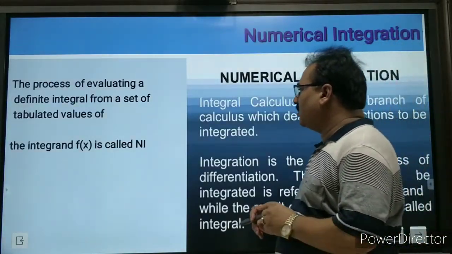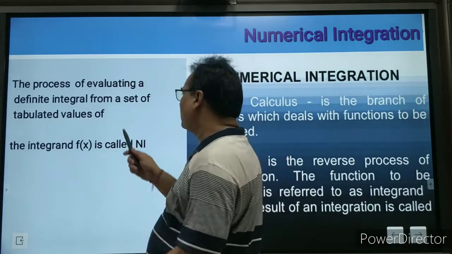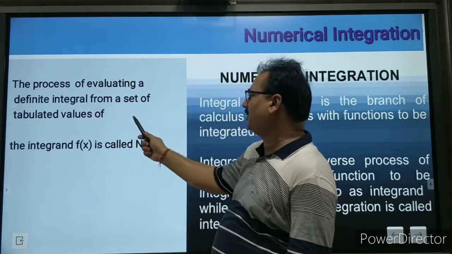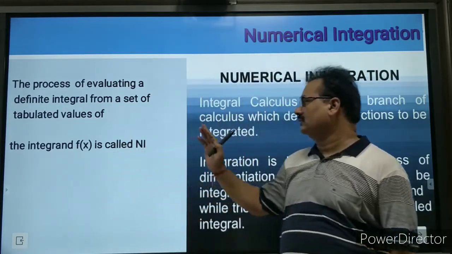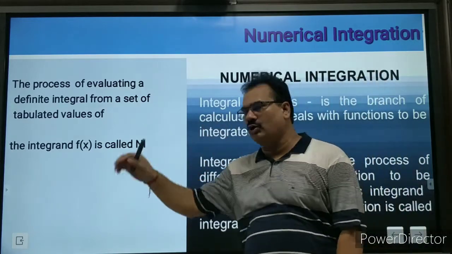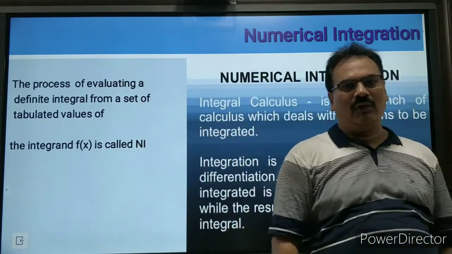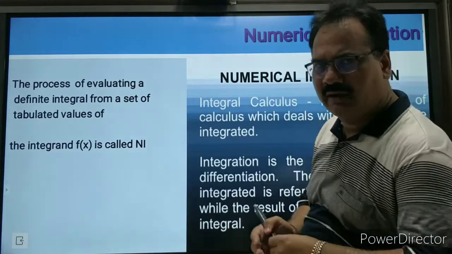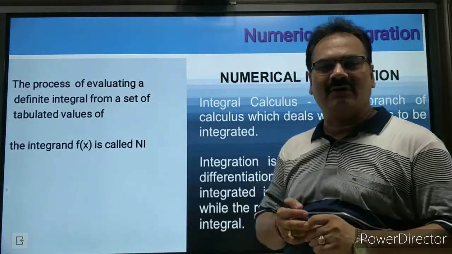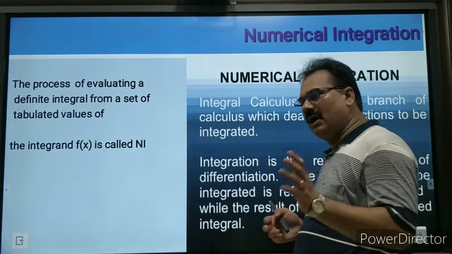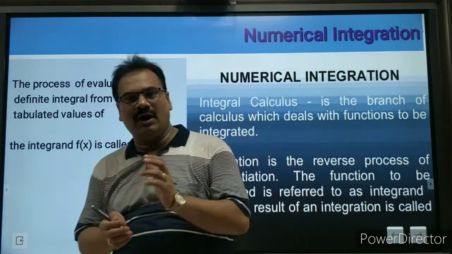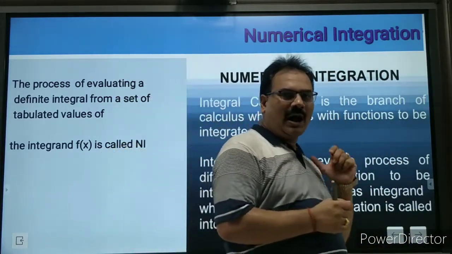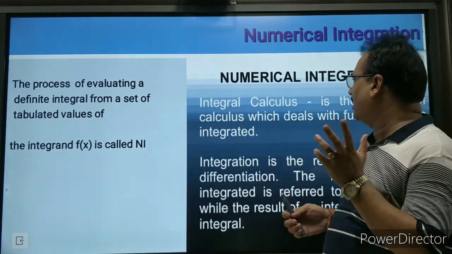The process of evaluating a definite integral from a set of tabulated values of the integrand f(x) is called numerical integration. We know that the definite integral from a to b of f(x) dx is equal to F(b) minus F(a), where a is the lower limit and b is the upper limit.